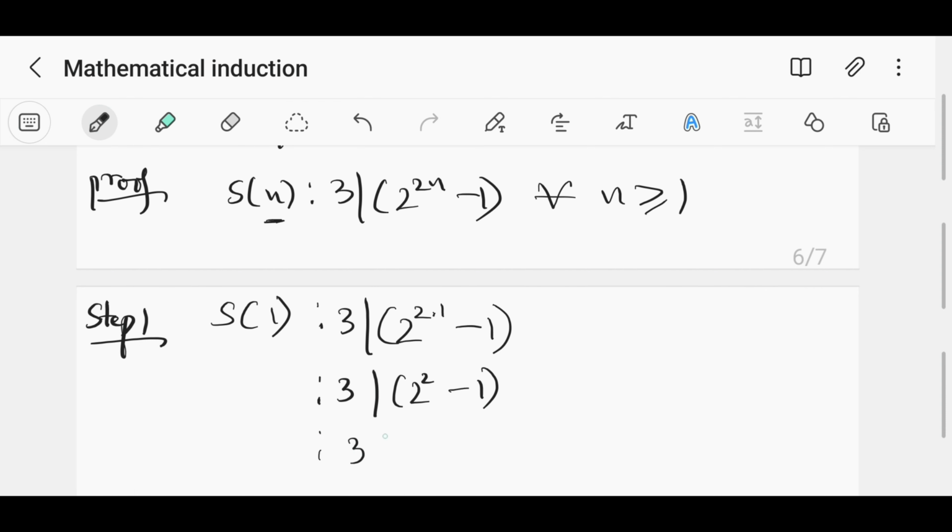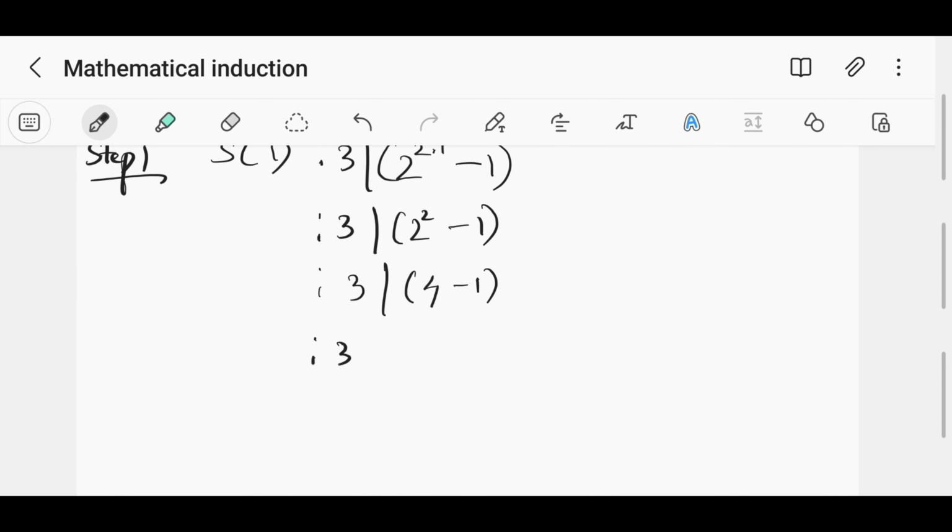So that is 3 divides 2 square, which is 4, minus 1. So that is: 3 divides 4 minus 1, which is 3. Will 3 divide 3? Yes, right? 3 divides 3. So therefore I can say that S of 1 is true. Okay, step 1 is done.